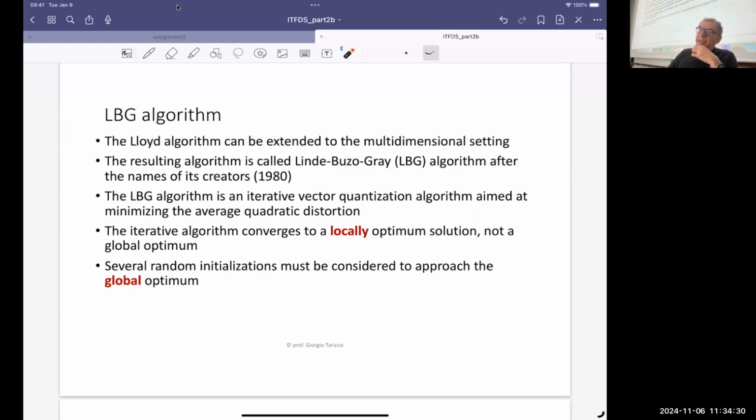Similarly to the Lloyd algorithm that we discussed in the previous part, the LBG algorithm is iterative, and this time it is an iterative vector quantization algorithm instead of an iterative scalar quantization algorithm. Again, the goal is minimizing the average quadratic distortion, but in a multidimensional domain.